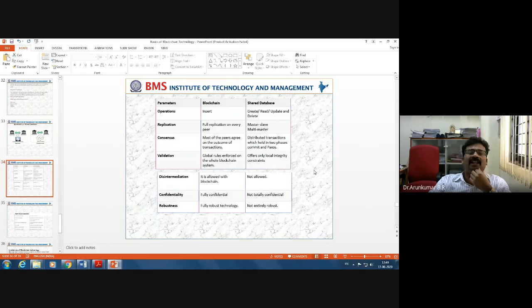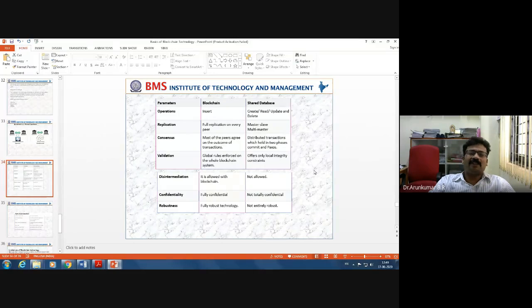In a blockchain, an insertion operation we can do, but no deletion operation can be done on the blockchain. In a shared database, you can create, read, update, and delete. All these things can be done on the shared database.